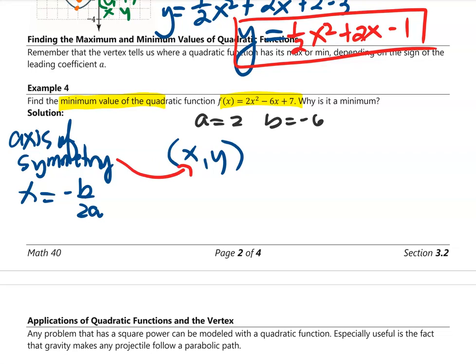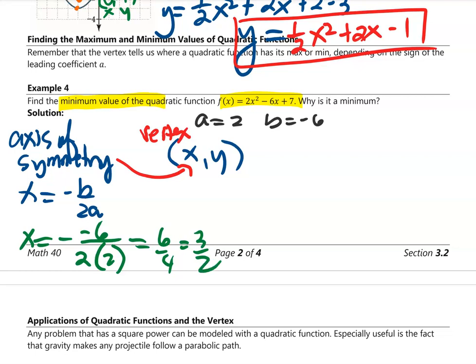So that's why we can solve now for x of the vertex. So let's do that. We have a is 2, and b is -6. So negative b is negative of -6 over 2 times 2. Negative of negative is positive. 6 over 4, 2 times 2. So that is 3/2. And then, so we have x as 3/2.